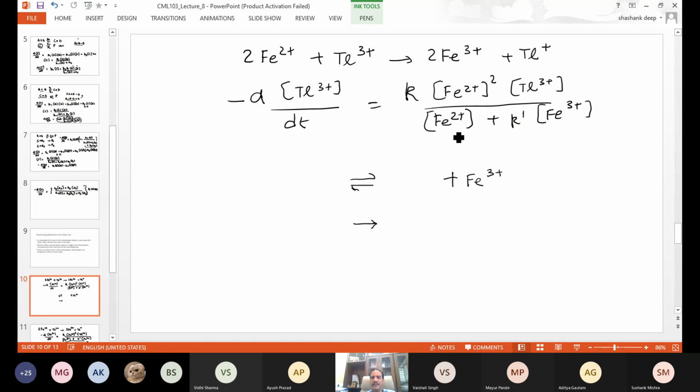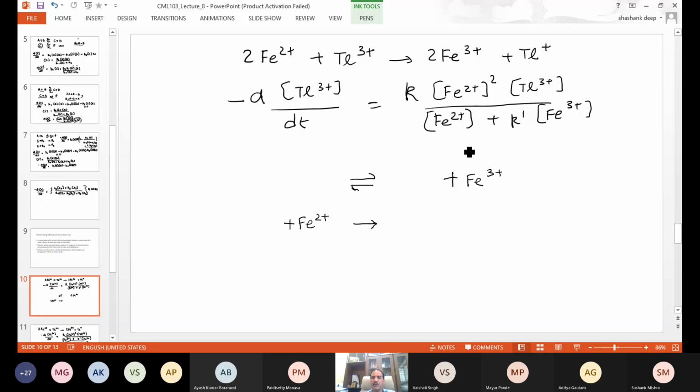This is a reactant. So where will this be? Intermediate. Okay. Is this okay? Yes, sir. Okay, great.